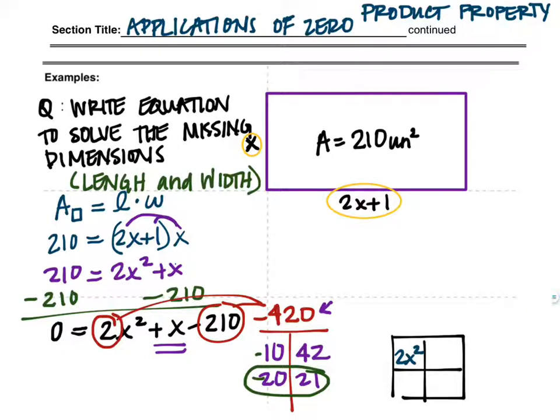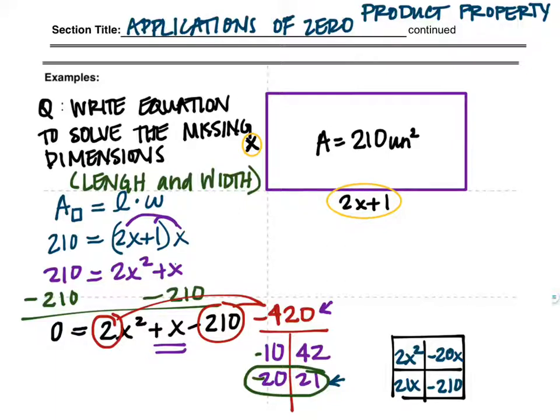I'm going to write in negative 20x and a positive 21x because of the factor pair I chose. And then I'm going to write in that negative 210. Using my calculator always to help me out if I need, I can absolutely do that. Finding the GCF of each row and column is where I'm headed next.